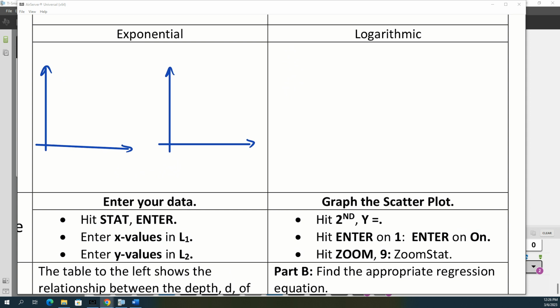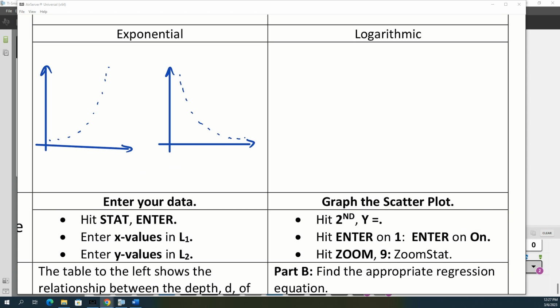Exponential growth starts out flat and then goes steep upward. Exponential decay starts steep and then goes flat. Those are both examples of exponential scatter plots.